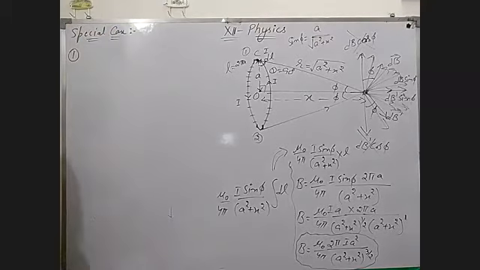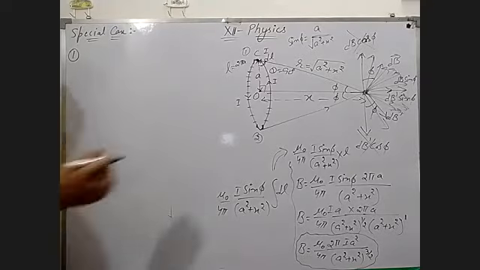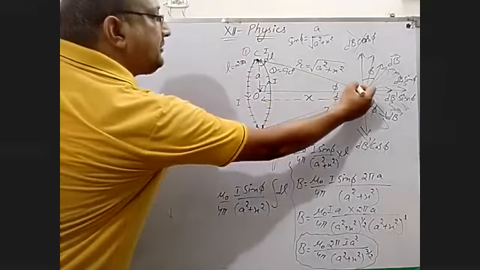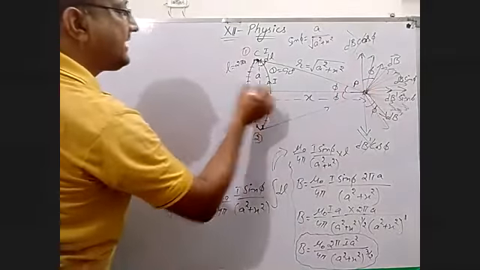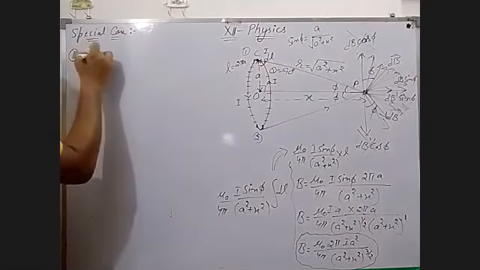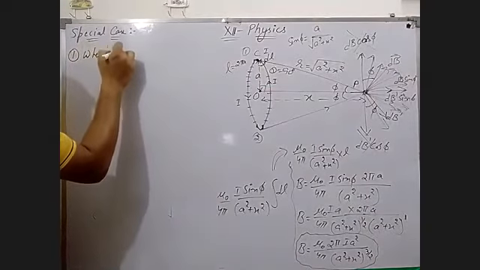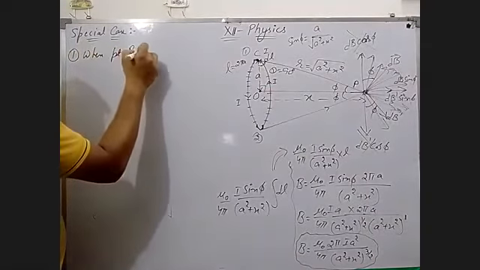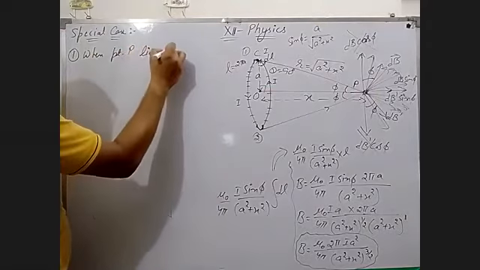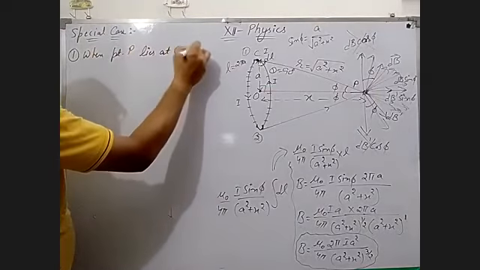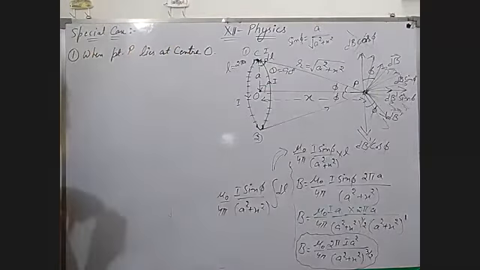When point P lies at the center of the circular coil. When this point P lies at the center O, then what will be the value of magnetic field?